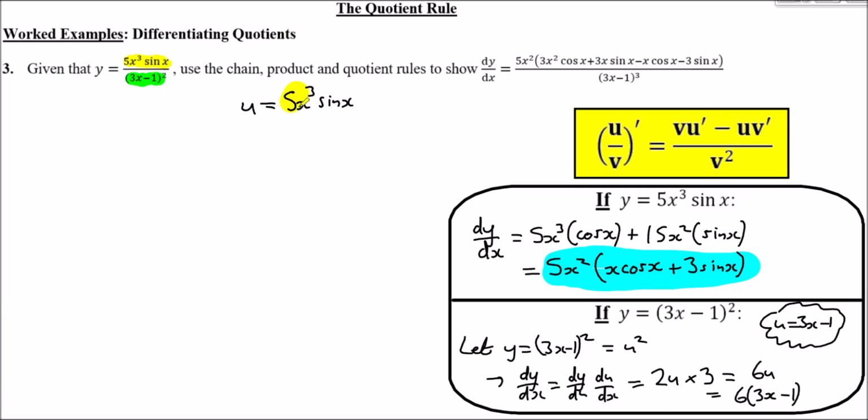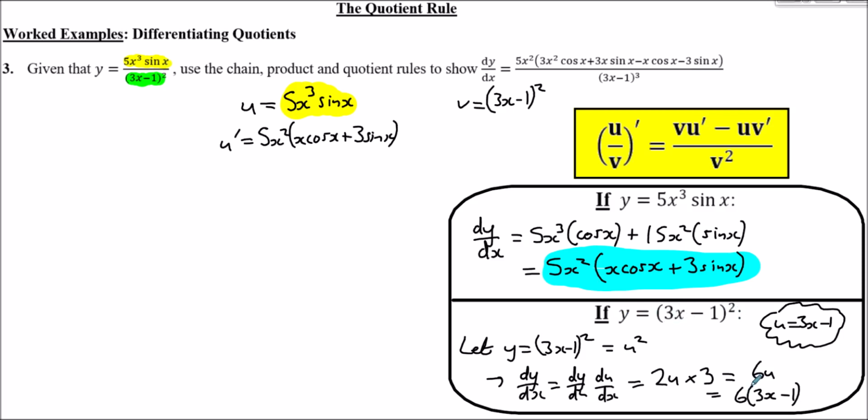So if u is 5x cubed sine x, we can fill in from using the product rule that u dashed is 5x squared, brackets, x cos x plus 3 sine x. Now thinking about v, v is (3x minus 1) all squared. Down here, let's pretend y is (3x minus 1) squared.